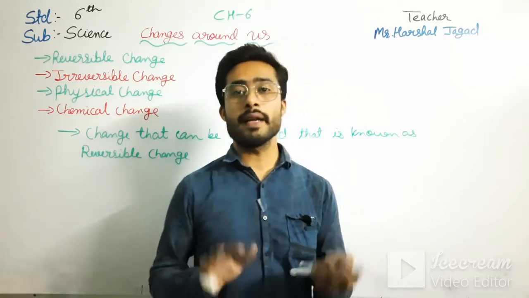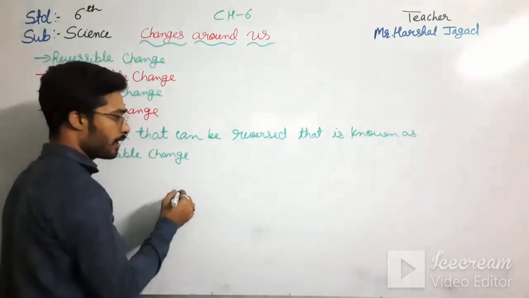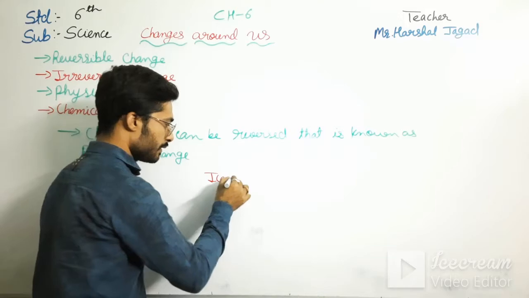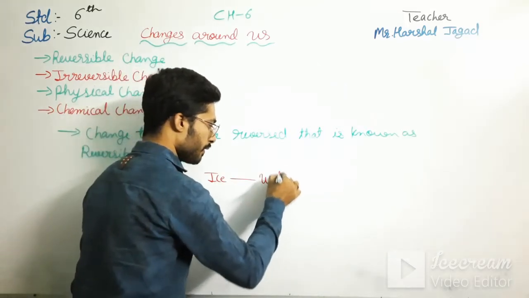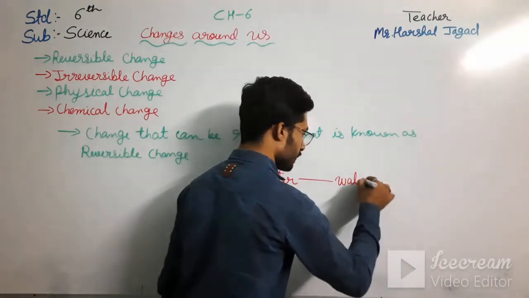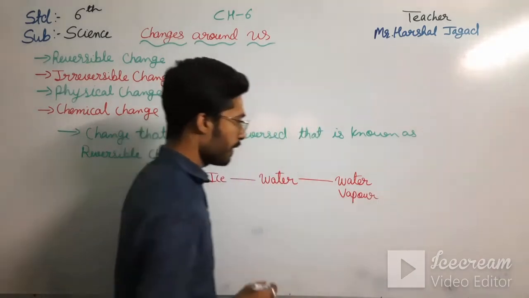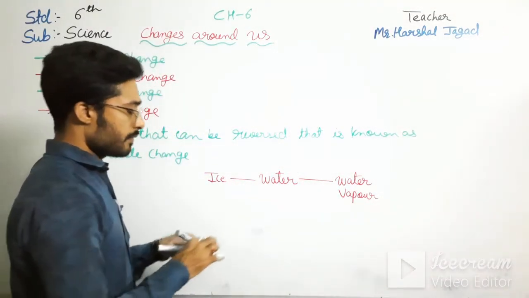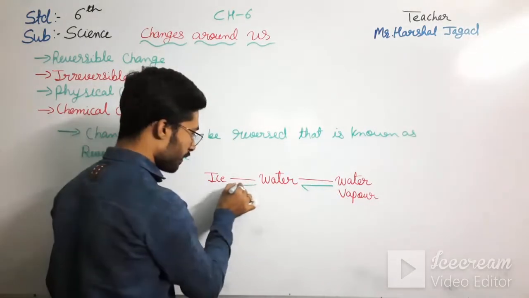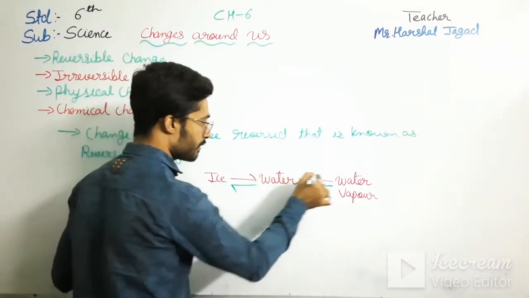If we take an example of reversible change, that is ice, water, water vapor, and then we can convert water vapor back to water, and then convert that into ice.